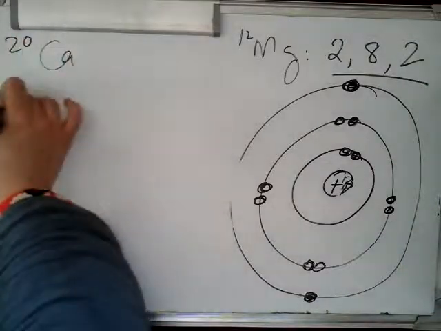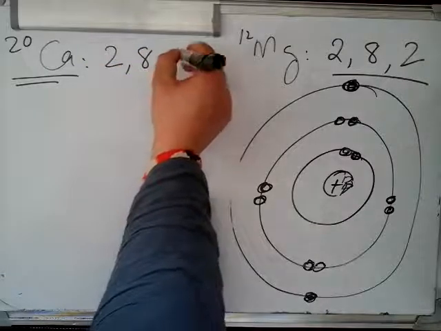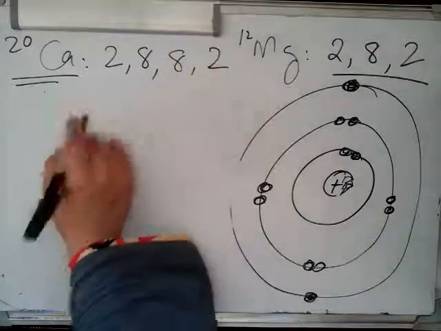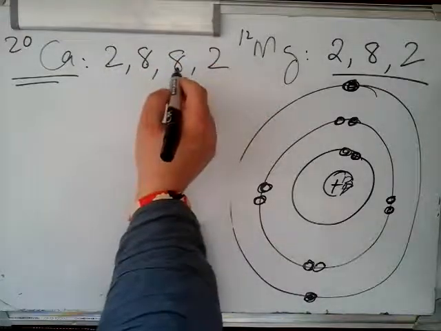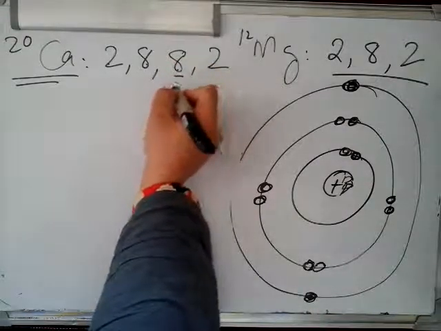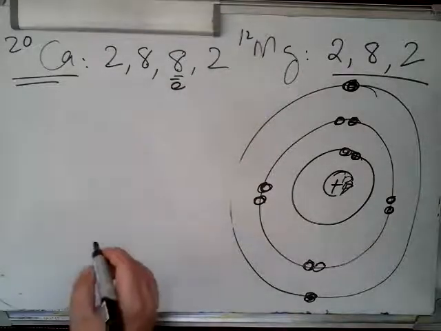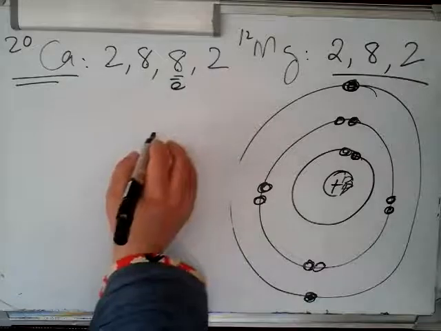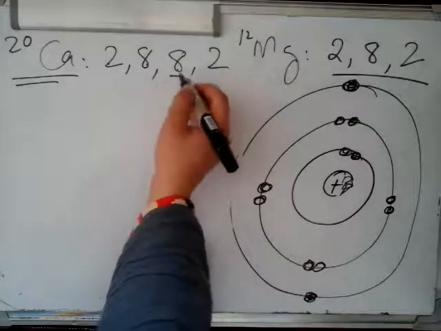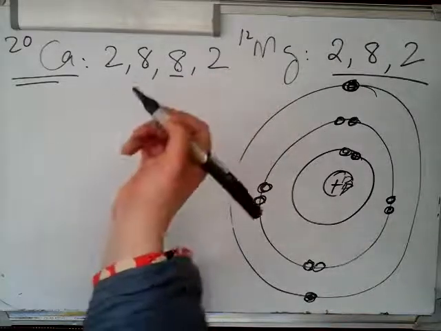In the same case, there is another metal, calcium. Calcium atomic number is 20. Electronic configuration will be 2, 8, 8, 2. In the third shell there are 8 electrons. How is this possible? The maximum number of electrons in the third shell is 18, but here there are 8. I told you earlier that it can be less than the maximum number but not greater than the limit.